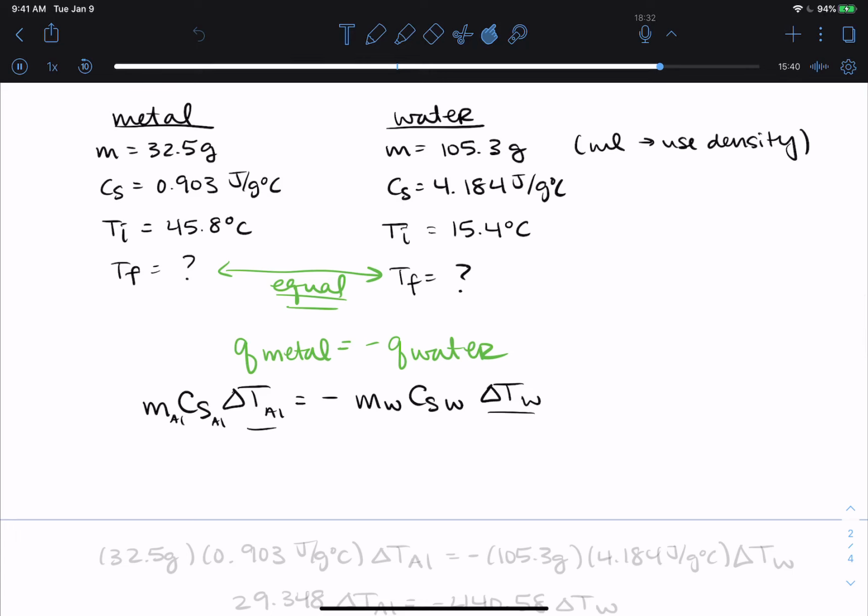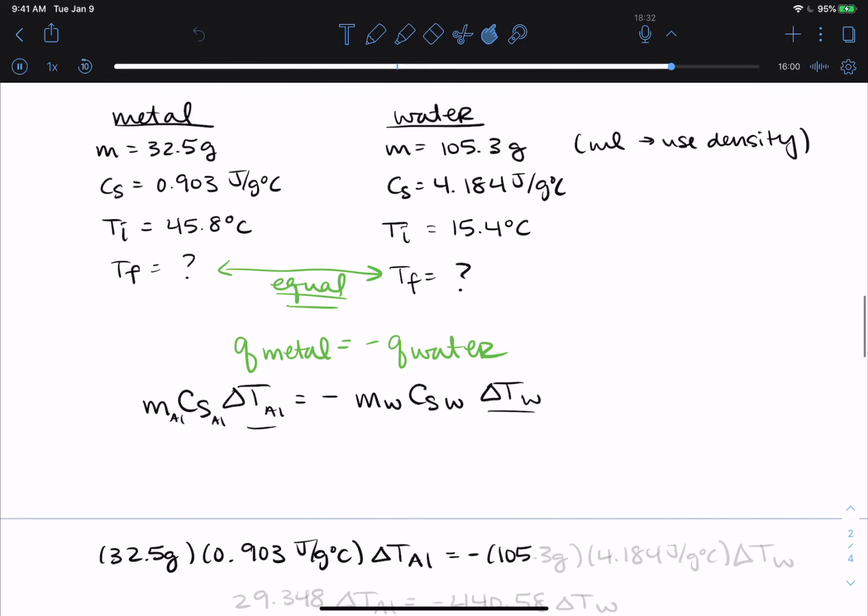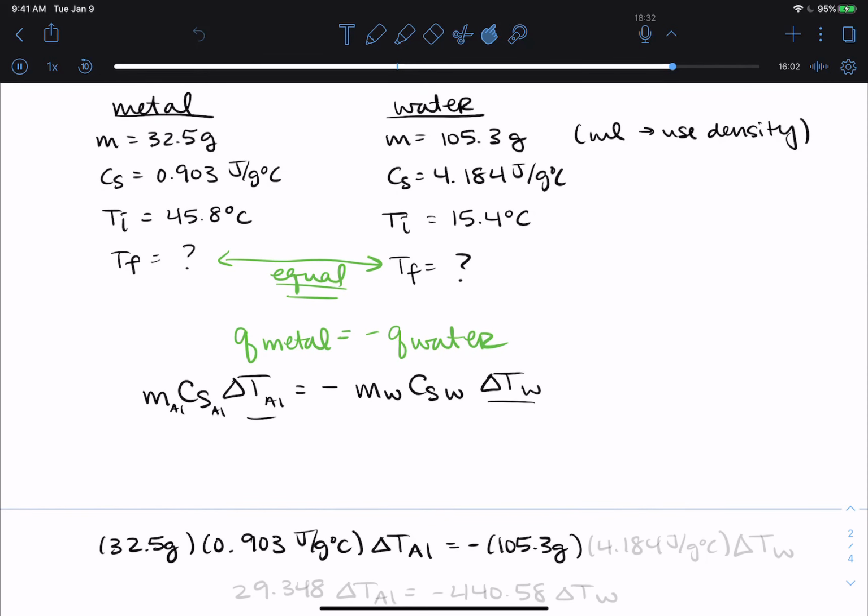So I'm starting out with 32.5 grams times 0.903 joules per gram degree C times delta T aluminum equals the opposite of 105.3 grams times 4.184 joules per gram degree C times the delta T for water.